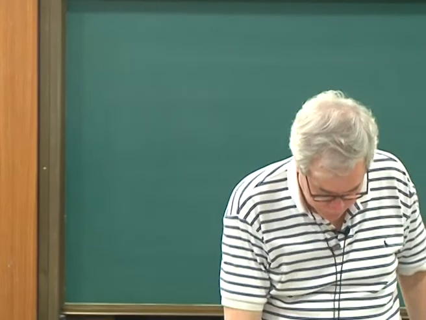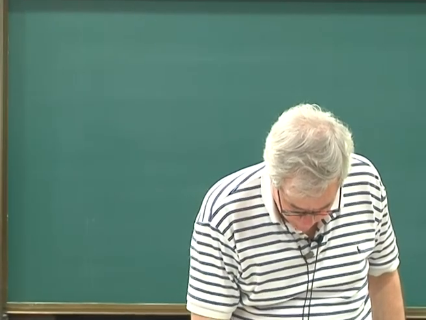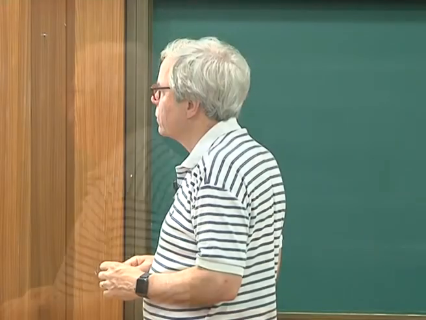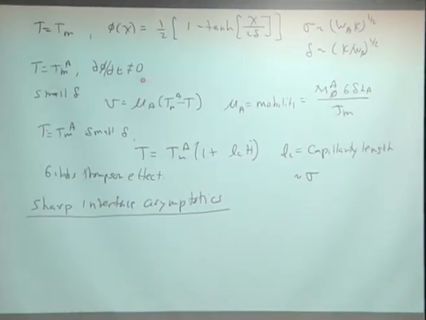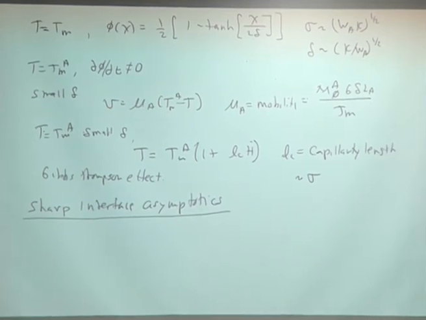Why the composition dependence of the mobility? Yeah, this one here. So if you look at this term here, it says that the velocity is going to be given by the deviation in the temperature from the melting point, and basically this law can be derived by just saying that the velocity is going to be given by some constant times the change in the free energy of the atoms going across the interface, right?